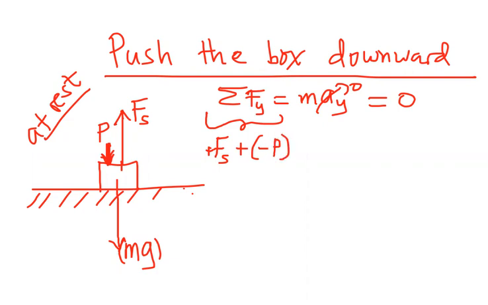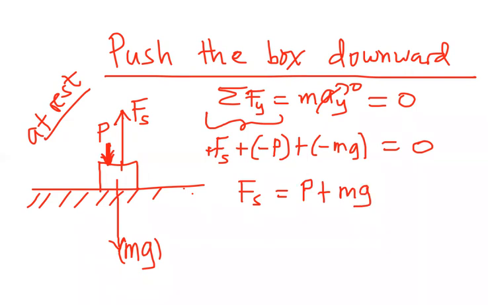And then I have mg. Mg is acting downward, so plus minus mg. The result must be 0. If I do that, I see that the support force is equal to the pushing force plus mg here. In this case, I can say that the support force is not equal to the weight of the object.